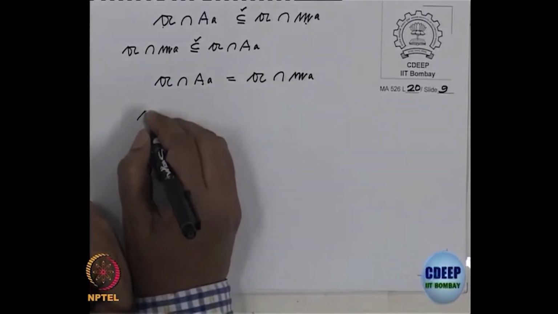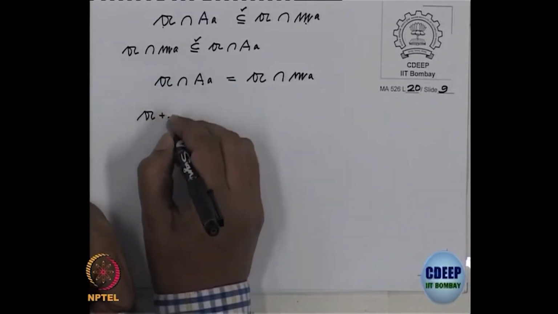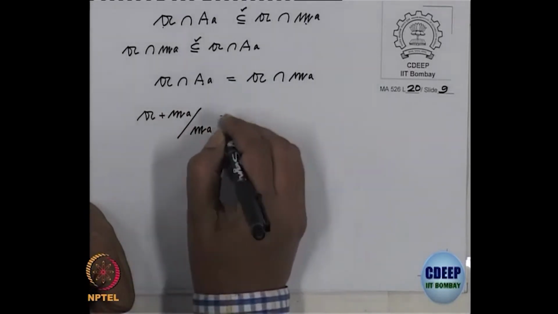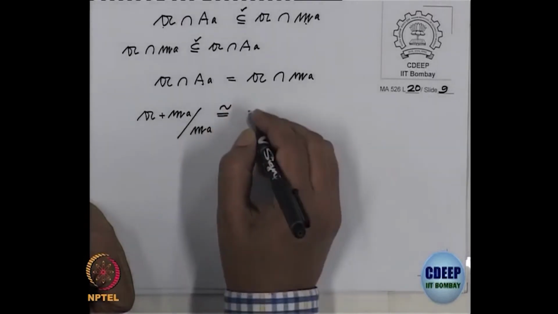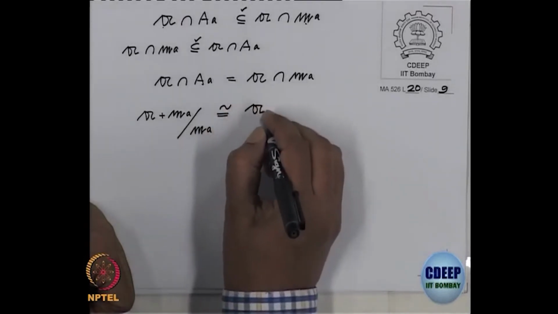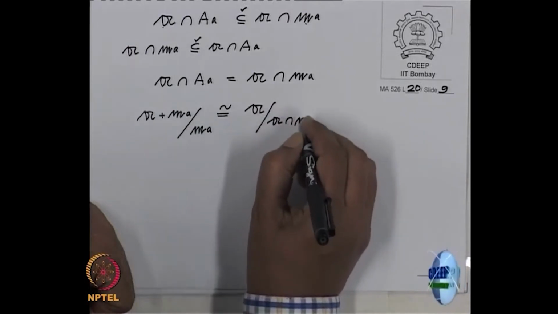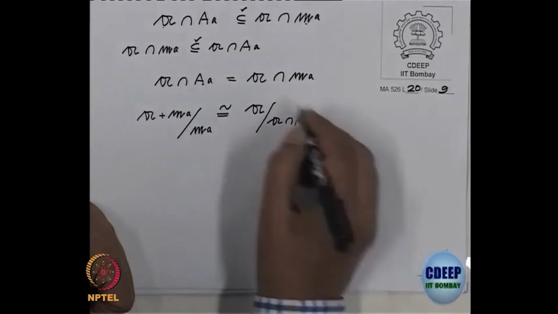So, now you look at A plus M times A, mod M times A. This is isomorphic, by the usual standard isomorphism theorems, to A mod A intersection M times A, but this is the same as this.